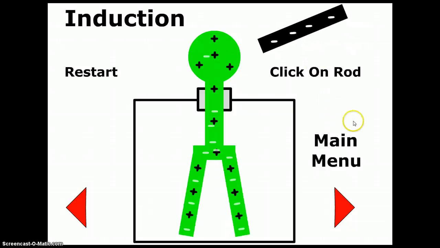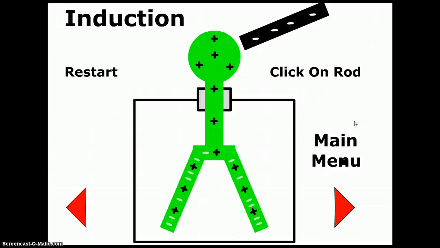As you can see, the electrons are repelled away from the knob and pushed into the leaves. This gives the leaves extra electrons than what they had before, and an excess of electrons creates a net negative charge. And what does negative do to negative? Repels. So the leaves diverge.